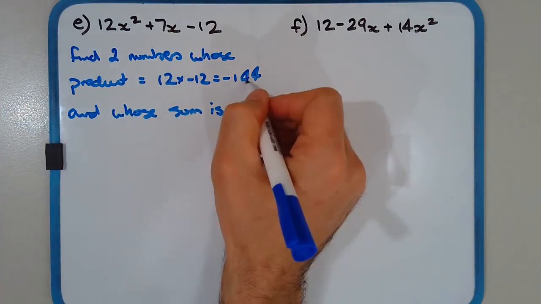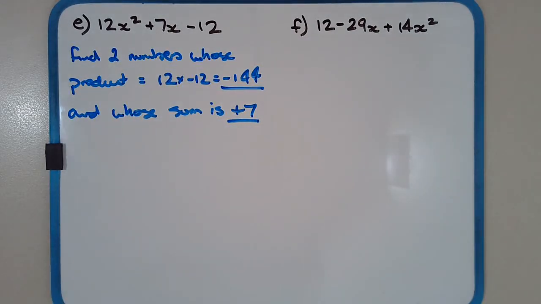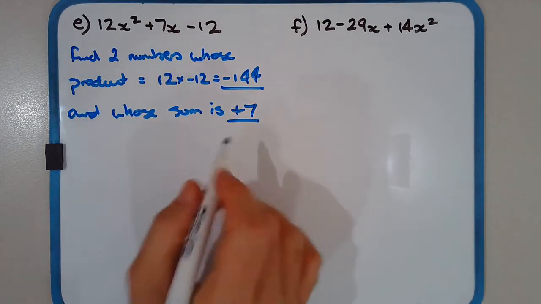So they're the two numbers that we're dealing with here. You'd need to experiment a little bit with the factors of 144, and let's just see what we could come up with there. And you want the sum to be 7.